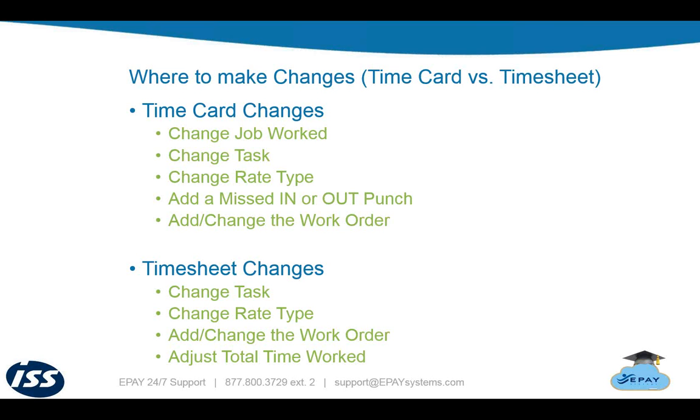The timesheet is where the calculations take place. So if you have shift differentials set up, if you have auto split set up, if you have lunch deduction set up, that's where you will see those items, on the timesheet. So all calculations are seen on the timesheet.